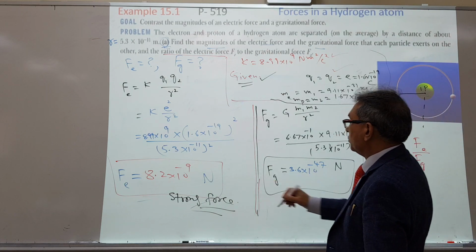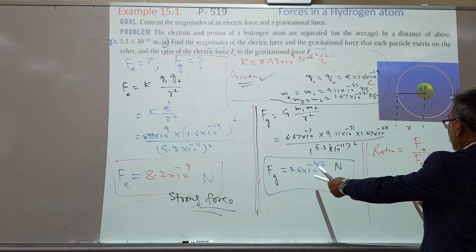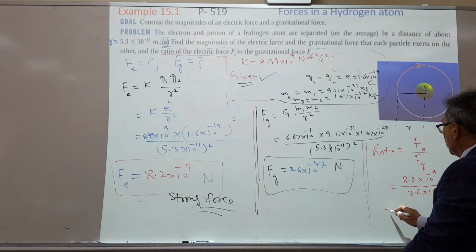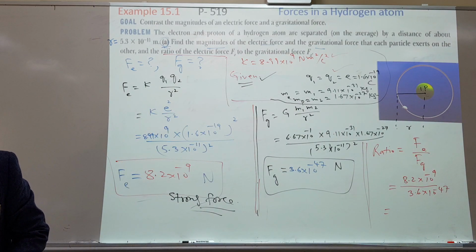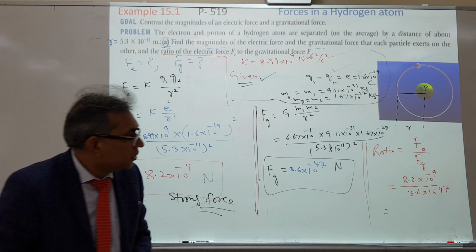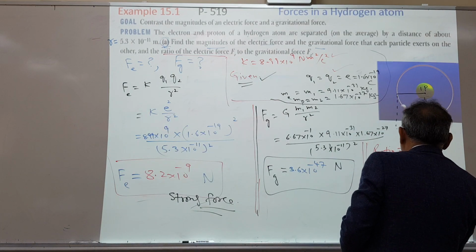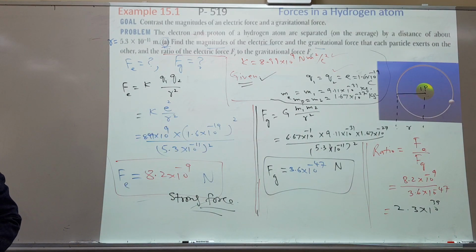So the electric force you just finished, 8.2 times 10 to the minus 8, and the gravitational force 3.6 times 10 to the minus 47. So you can find out the result, you will get 2.3 times 10 to the 39. It has no unit because Newton cancels out.